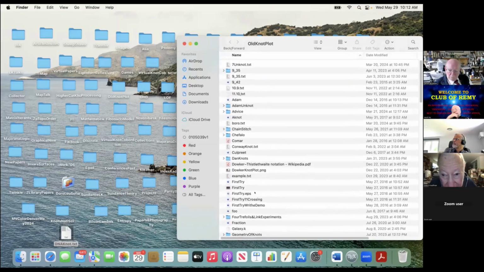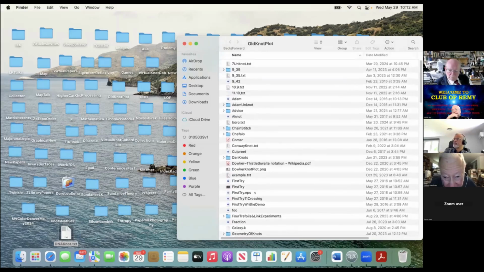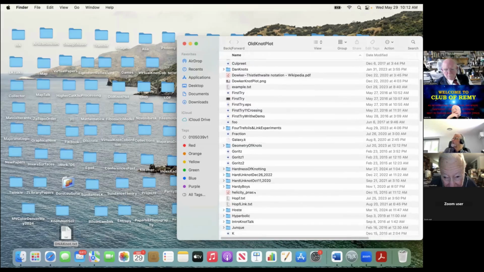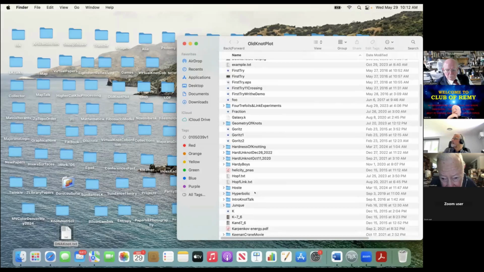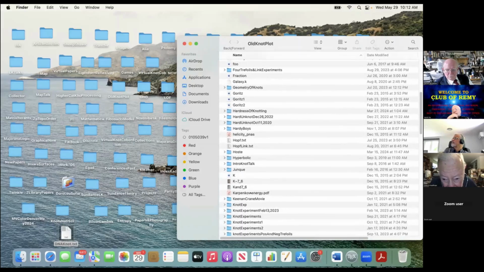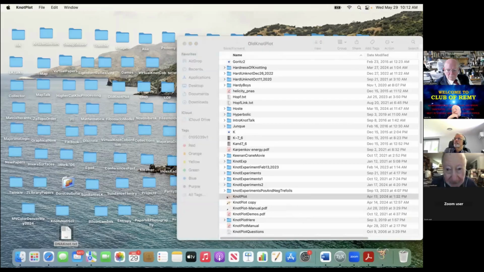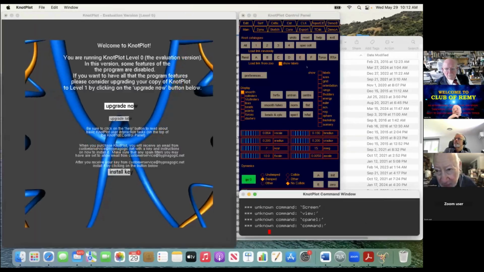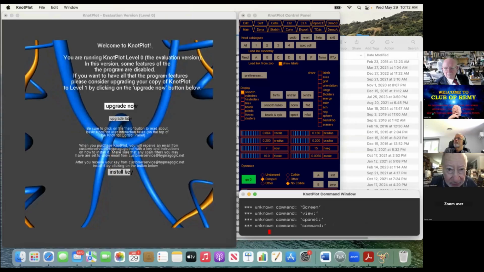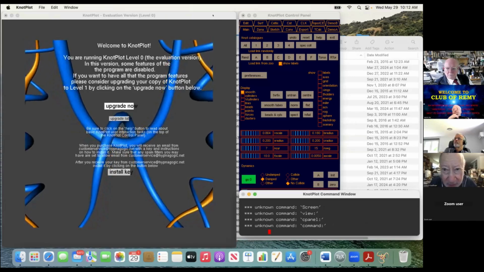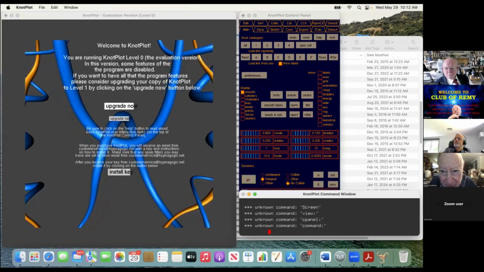I need to find the program in this list of things. It starts with a K. There it is. There are these funny little obstructions that occur because of graphics.